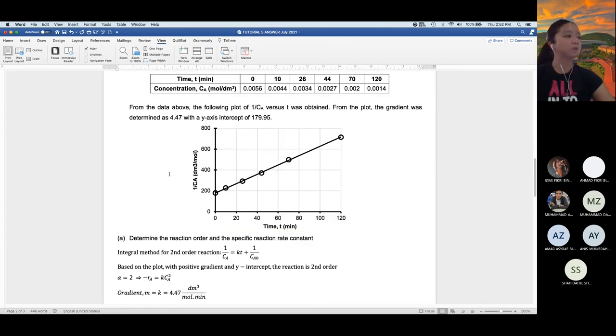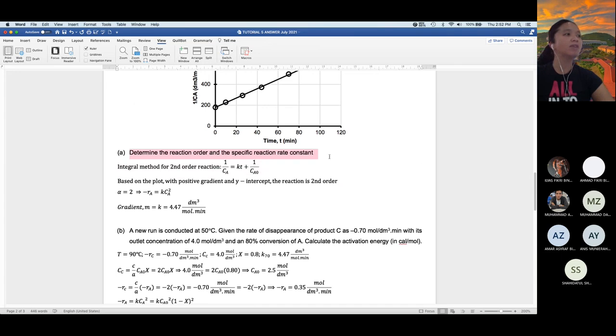So, let's go to the question. They ask, determine the reaction order alpha and the specific reaction rate constant K. So this question is straightforward, they want to find alpha and find K. So how do we do this? Okay, to do this, it's easy. Go back and check your notes.